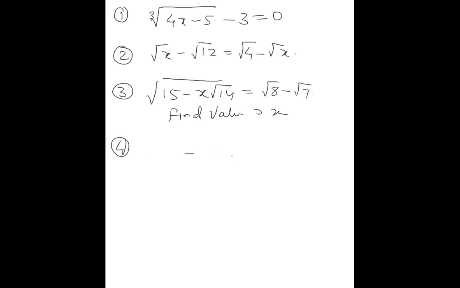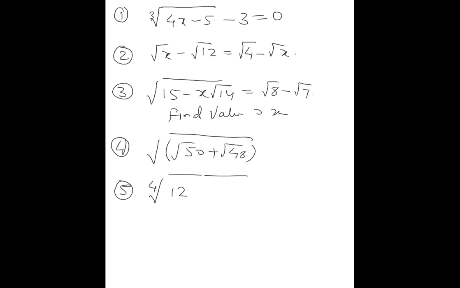Under root of root 50 plus root 40. And the fifth one, fourth root of 124 minus 32 root 15. 5 questions, 10 to 12 minutes.